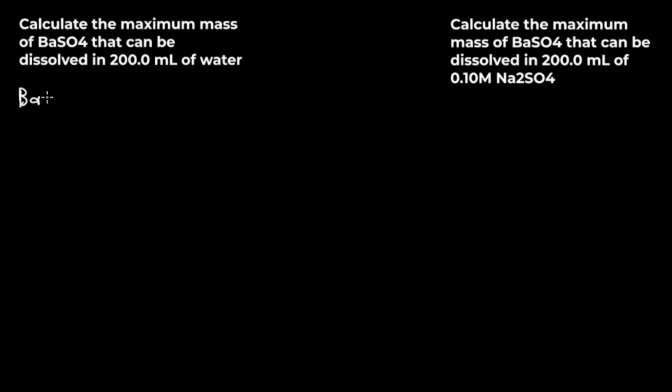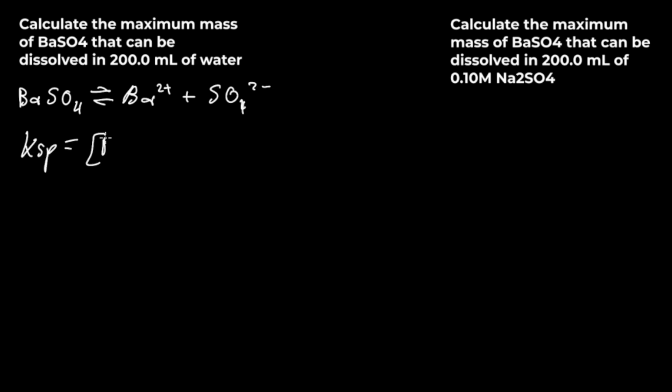First thing we always do is write out our equilibrium expression to see what our coefficients are. Ba2+ and SO4 2 minus. And then here we have our KSP expression. So we can see that it's a 1-to-1 ratio.